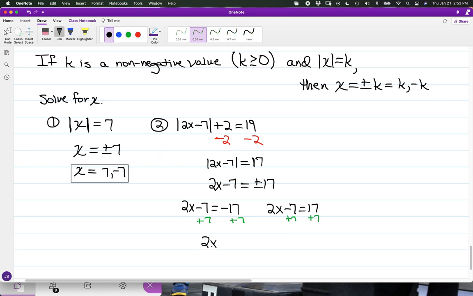At the lower end, we have 2x equal to negative 17 plus 7, so we have negative 10. If I divide by 2, x is equal to negative 5.